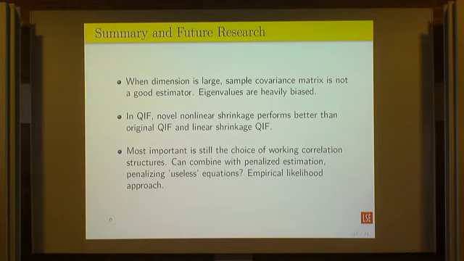So this may be one direction. Another completely different direction, actually related, is an empirical likelihood approach. Empirical likelihood actually has a component of penalized estimation. So this is what I hope to look more into, and hopefully develop some more automatic procedure.